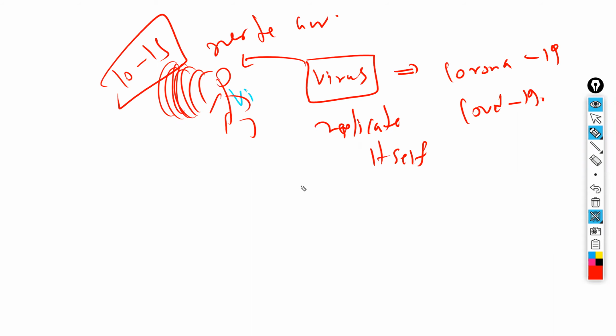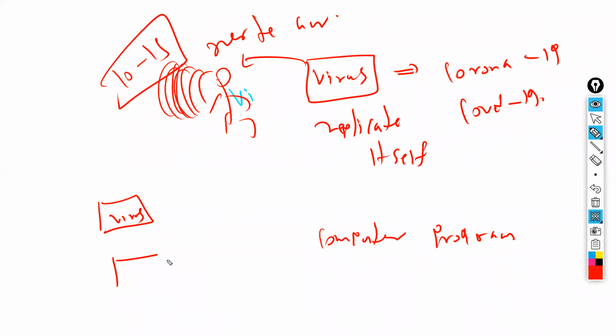Same thing here, a computer virus is also a computer program. Once it is inserted into a computer, what can it do? The virus can replicate. Earlier, the very first time, there was just one virus. Then the virus can replicate itself, that means it can make copies of itself.